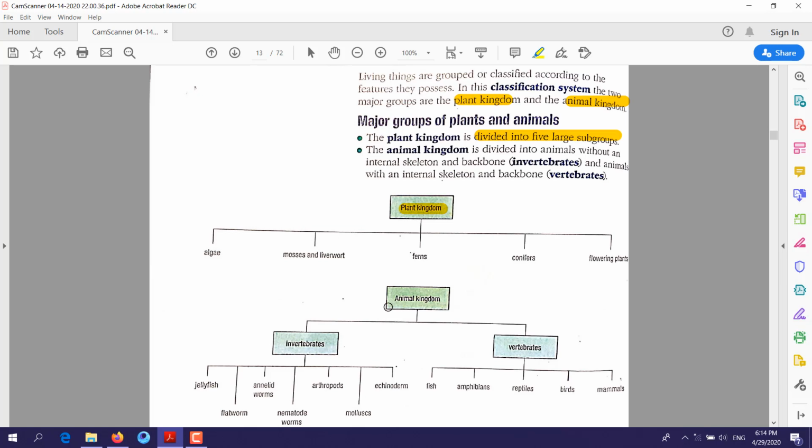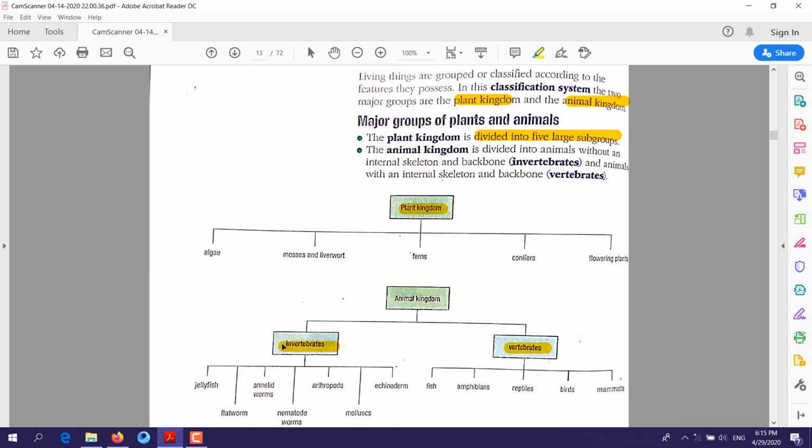The animal kingdom is also divided firstly into two main subgroups. We call them invertebrates and vertebrates. They depend on whether the animals have a backbone or not. The ones that have a backbone, we call vertebrates.